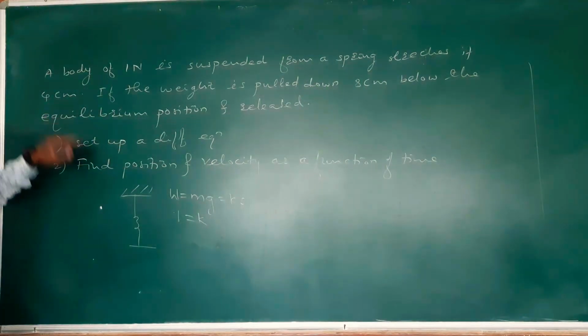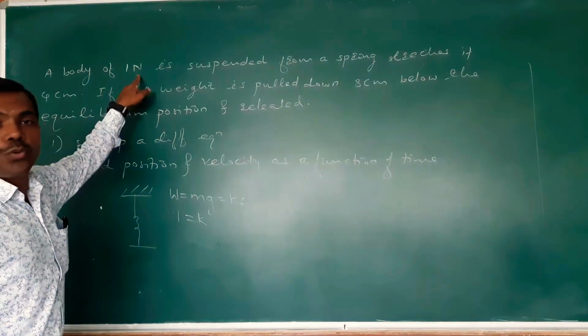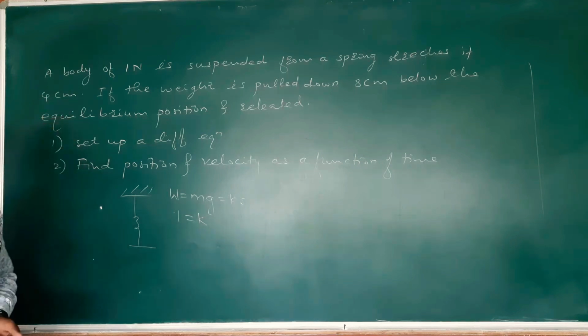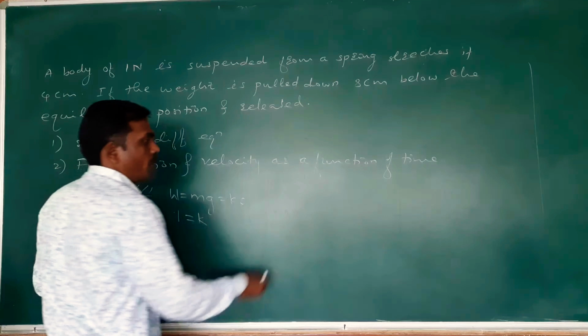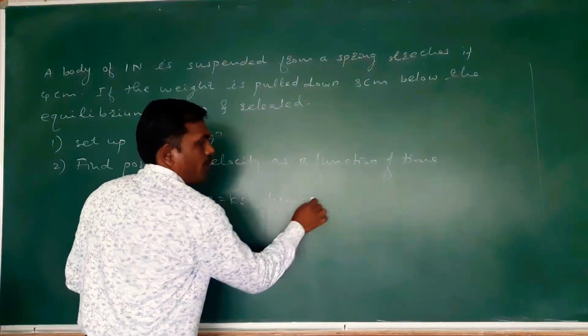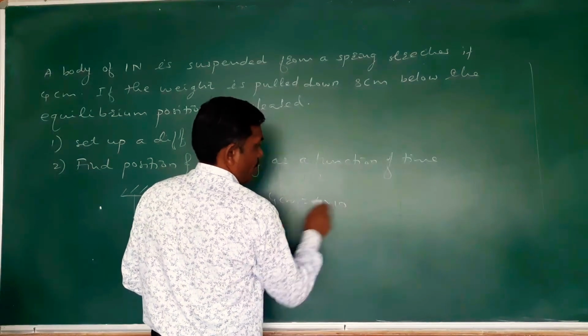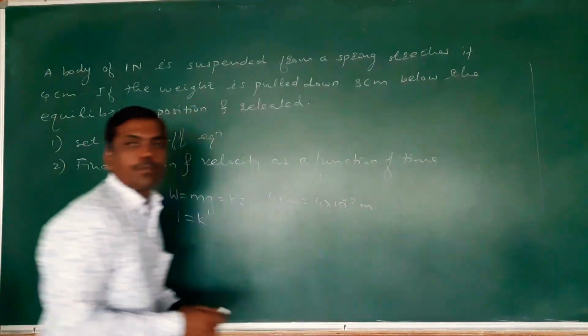4 centimeter. But here I am using Newton, means I need to convert 4 centimeter also in terms of meter. So how am I going to convert this? 4 centimeter is equal to 4 into 10 raised to minus 2 meter. Right?